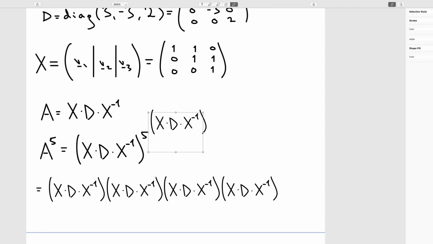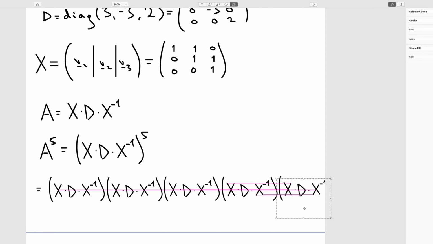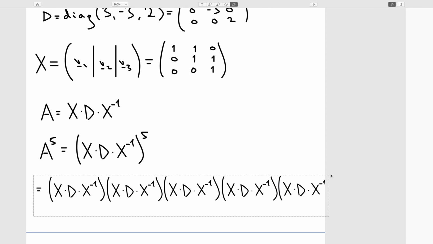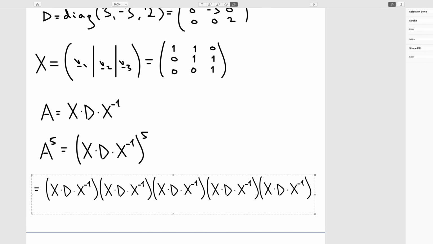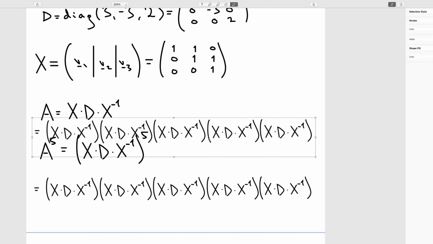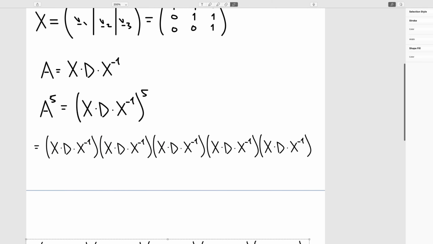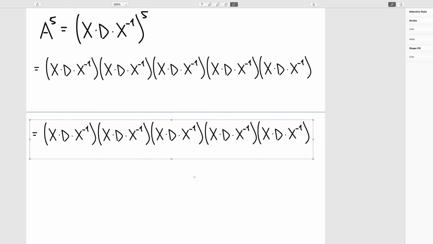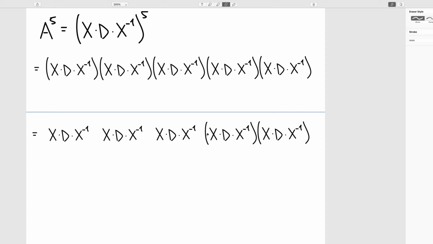Can we fit this in? Of course we can. However, by associativity of multiplication, we can drop all of these parentheses and have a little multiplication sign in between them.